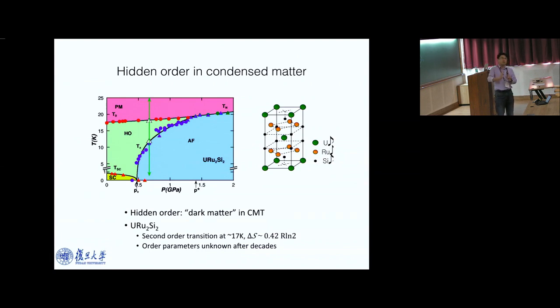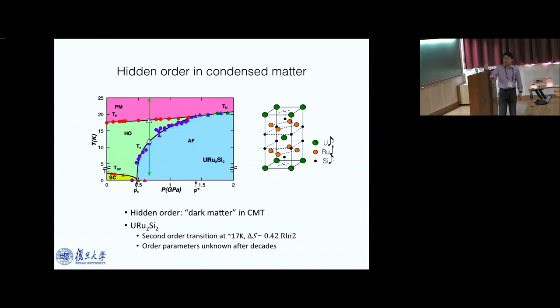Lots of degrees of freedom are lost, but we don't know the nature of the hidden order. This underlying order does not couple to common experimental probes, such as neutron scattering, X-ray, any kind of spectroscopic measurement, or any measurement of the structures.